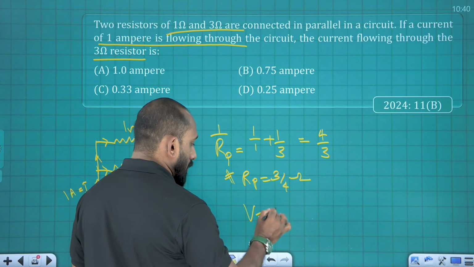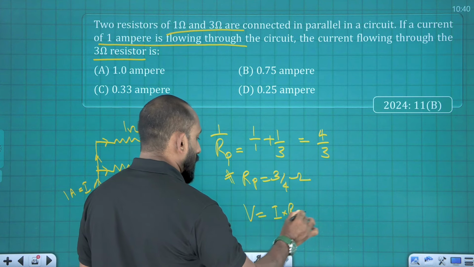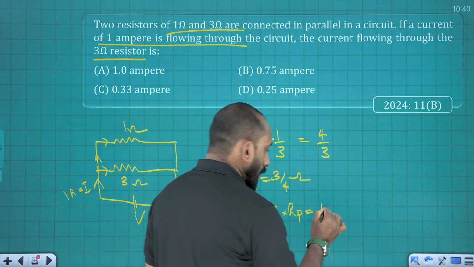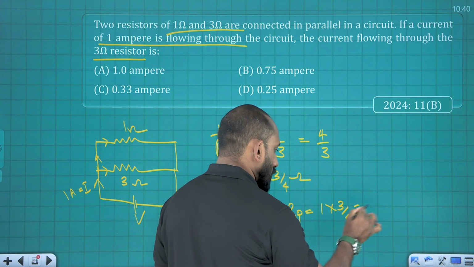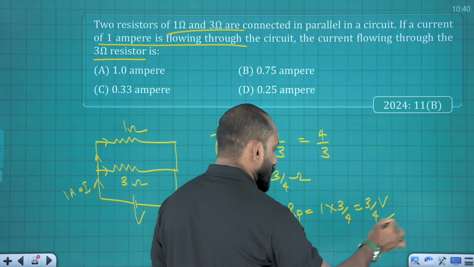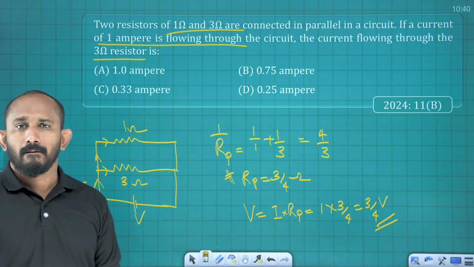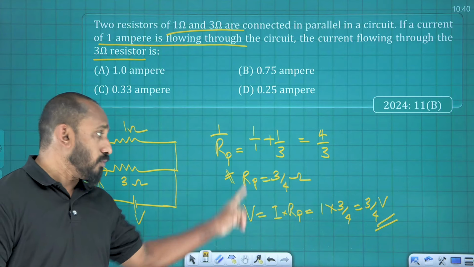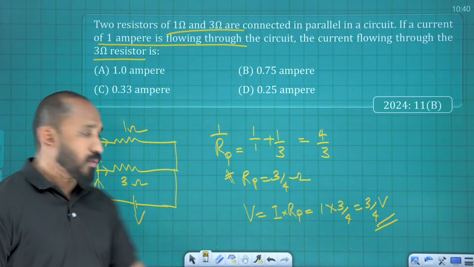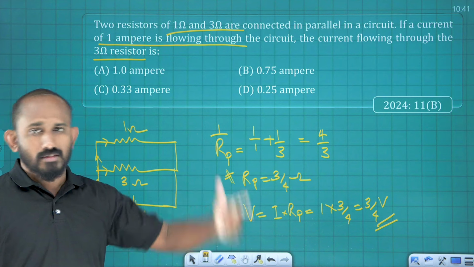So voltage will be I into RP. IR is the voltage. So 1 into 3 by 4, so voltage is 3 by 4 volt. Now across 3 ohm also voltage is 3 by 4 volt.